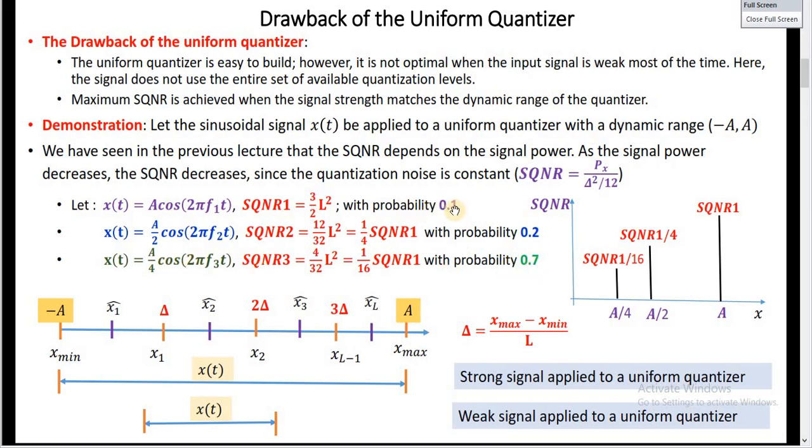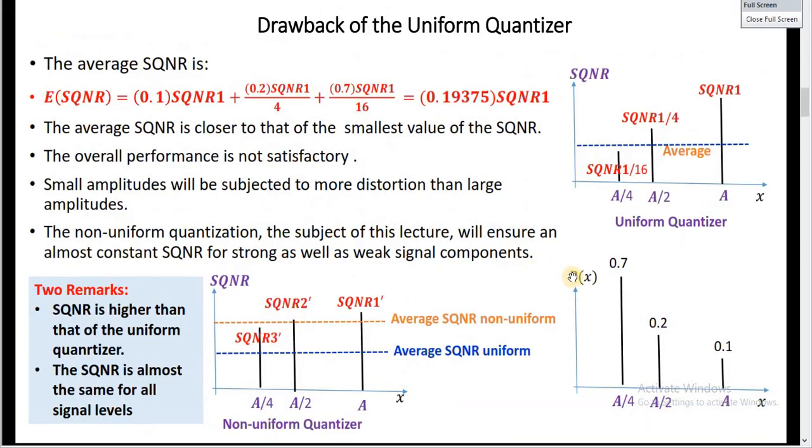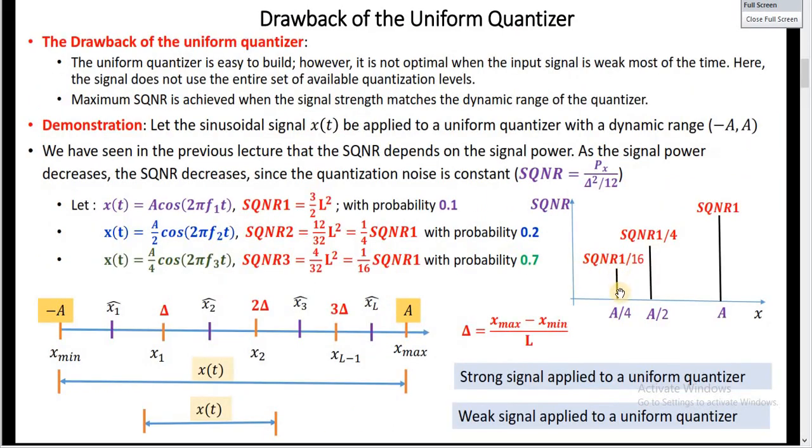This means that 10% of the time, the signal to quantization noise ratio is the highest. 20% of the time, it assumes this level, and 70% of the time, the signal to quantization noise ratio is the smallest and takes on this value. This is the smallest among all values of the signal to quantization noise ratio.